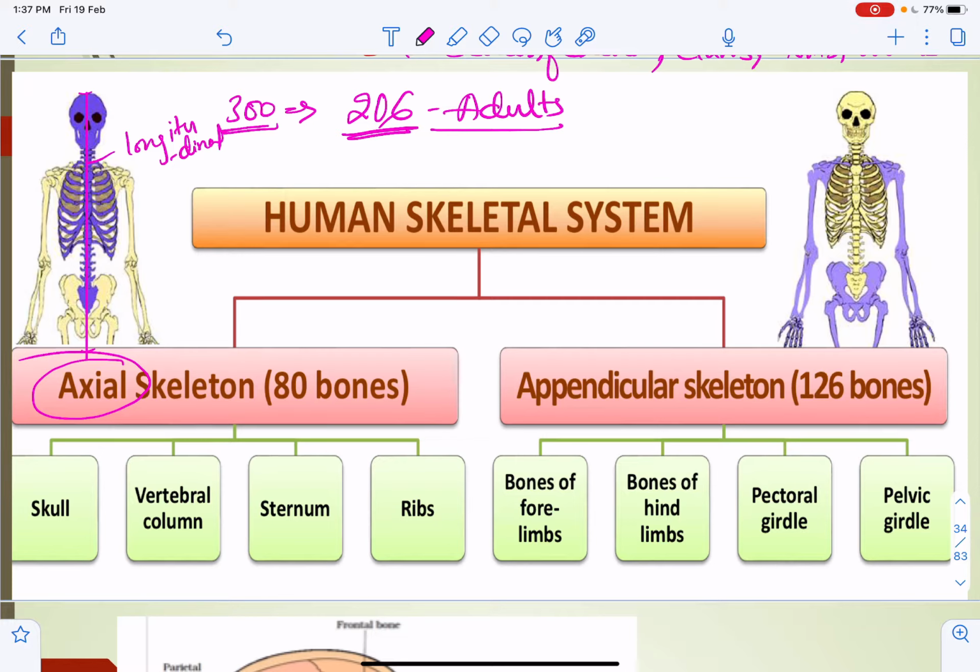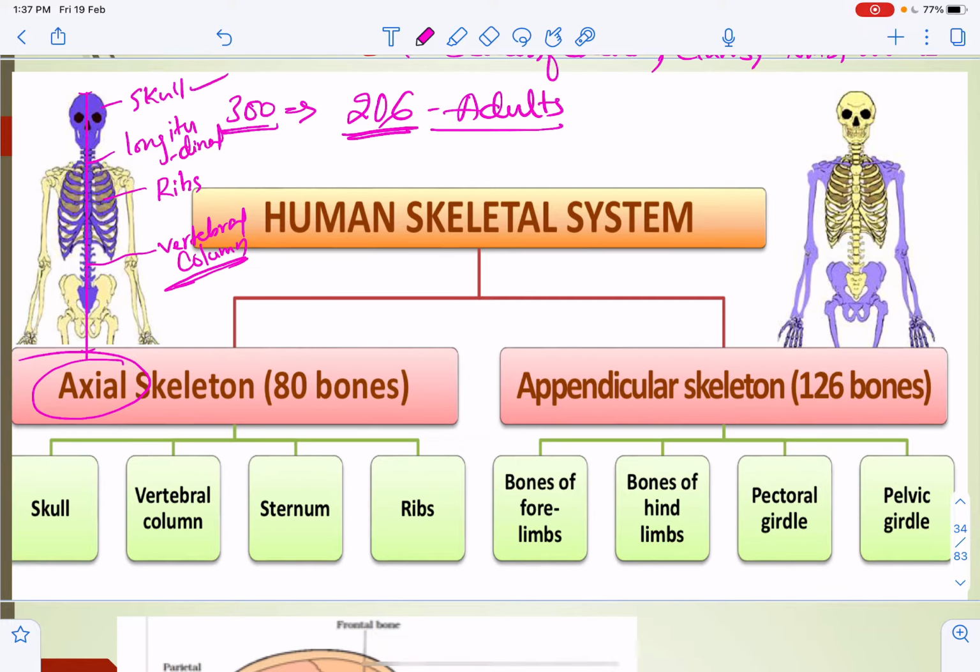Here the axial skeleton includes the skull, the ribs, and the vertebral column. These are the skeletal elements which come under the axial skeleton.